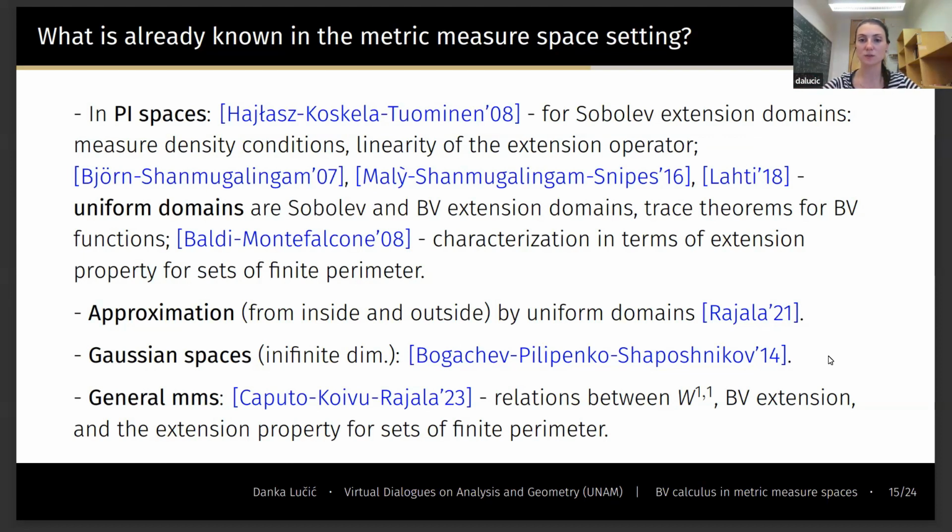So we have this approximation property. Then there was interest also in extension domains even in Gaussian spaces. And as I just mentioned, in general metric measure spaces, the first work that appears is about the relation between W^{1,1} BV extension and the extension property for sets of finite perimeter by Caputo, Koivu, and Rajala.